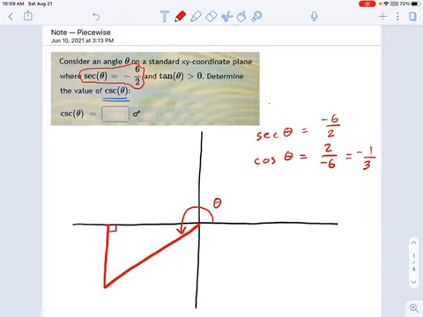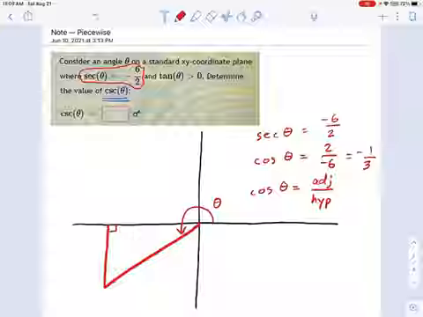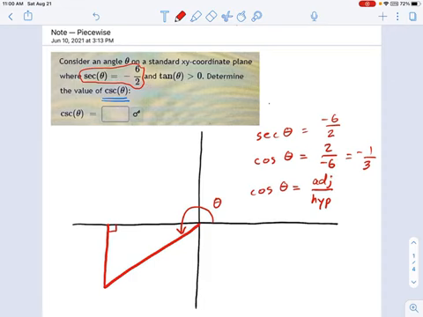Now let's label the triangle. Remember what cosine is. Cosine of theta equals adjacent over hypotenuse. So great. What's the adjacent side to that gigantic angle right there? That angle doesn't live in a triangle, so it might be very confusing to think about what's the adjacent side. I want you to remember that when you have triangles outside the first quadrant, you need to use a reference triangle with the reference angle.